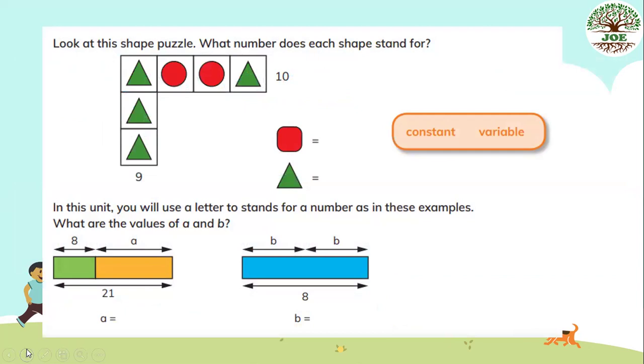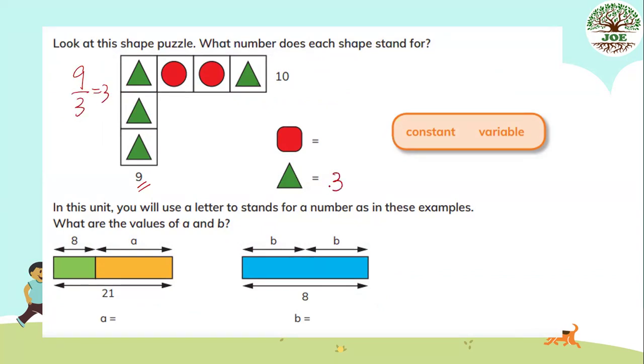This is getting started. Look at this shape puzzle. What number does each shape stand for? Okay, there are 4 greens and 2 reds. All 3 greens are 9. So each green is 9 divided by 3 is 3.